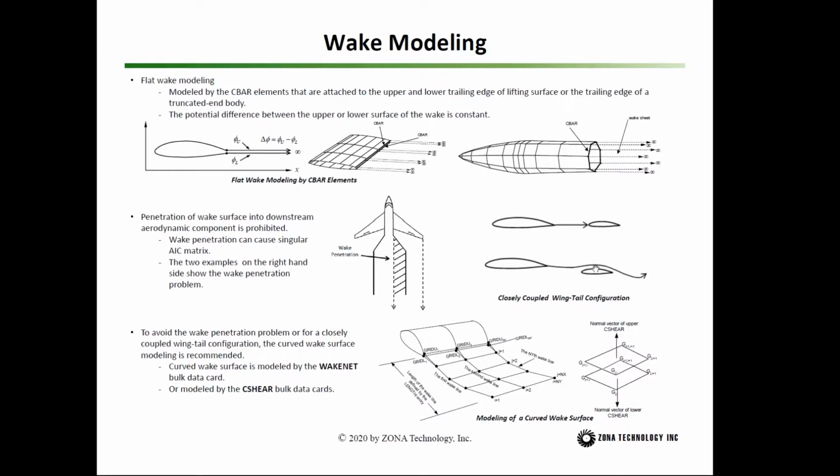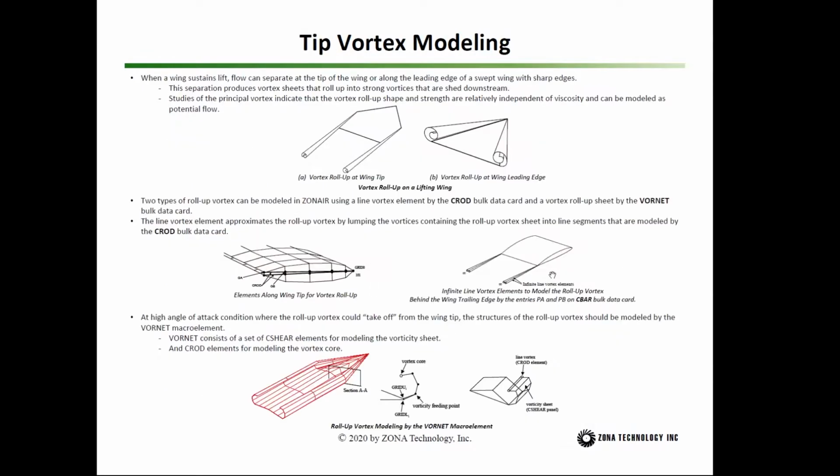To circumvent this problem, you have to use the wake net to create a curved wake to avoid it. But later on, we're going to show you a case where the wing and tail are not exactly on the same plane, so only a partial wake from the wing penetrates into the tail, and there is a way to avoid this wake penetration problem.